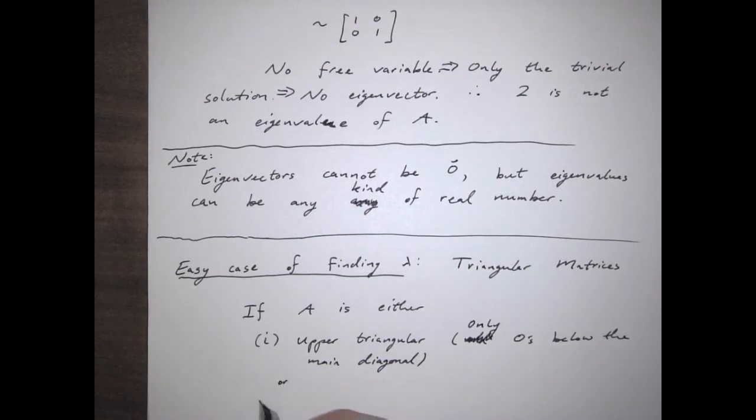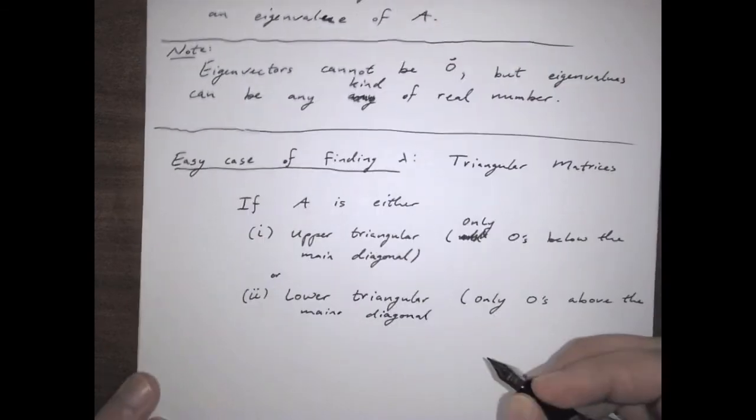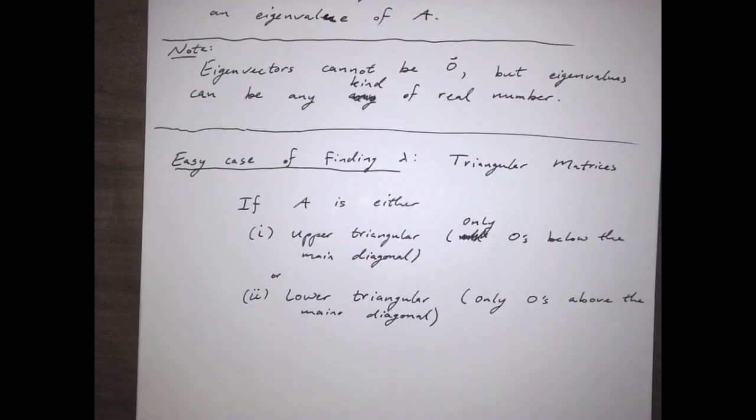Or lower triangular, which means only zeros above the main diagonal. Although I guess that's just as ambiguous. What I'm saying is there are only zeros, in this case below the main diagonal and in the other case above the main diagonal.